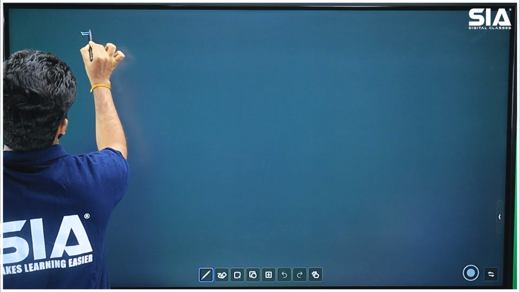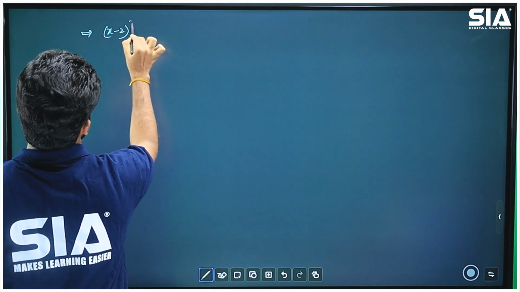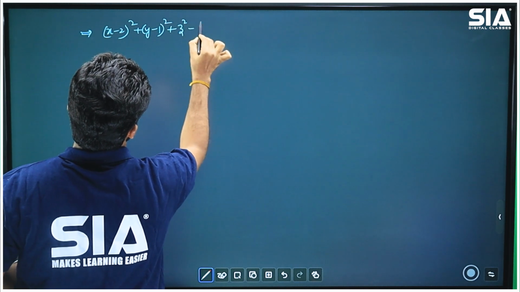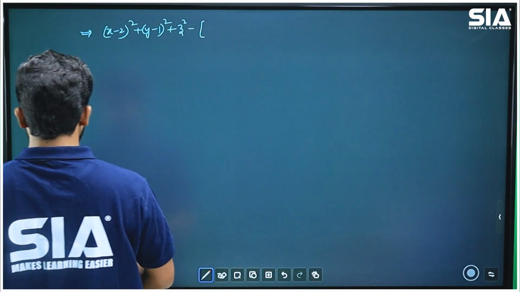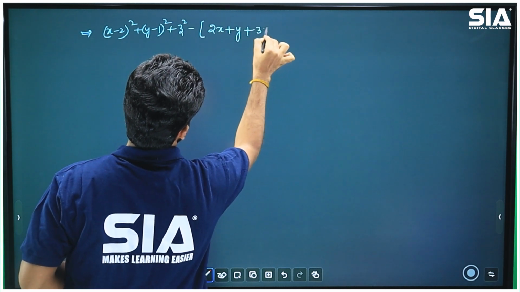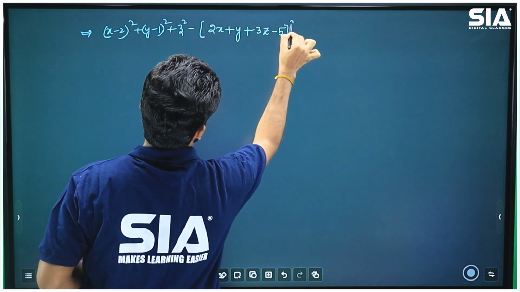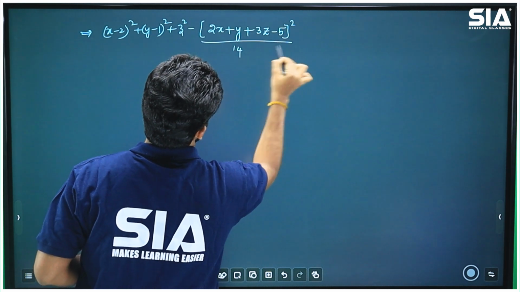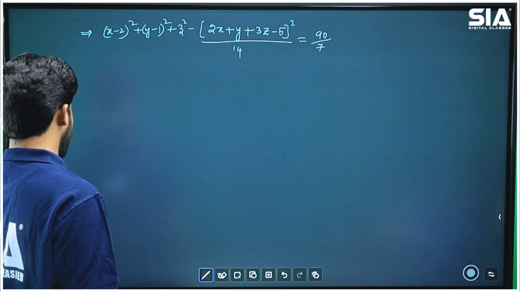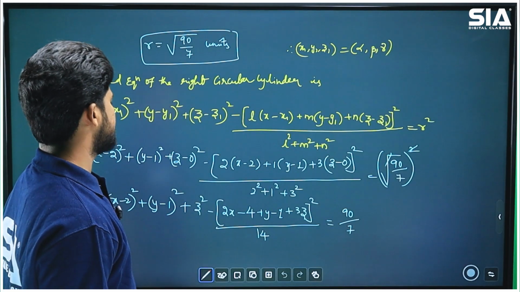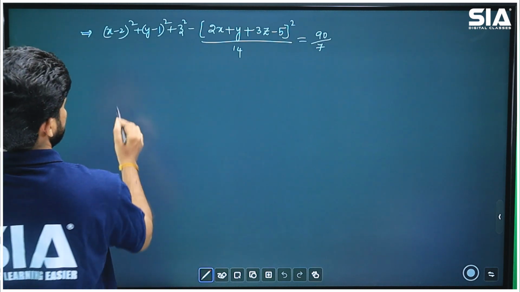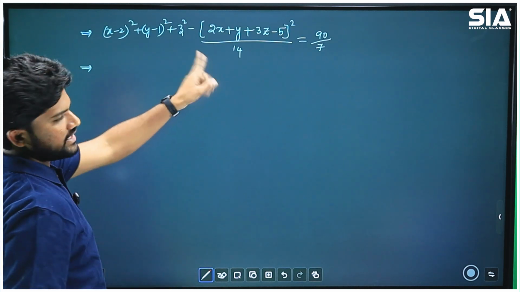So therefore, continuation: (x - 2)² + (y - 1)² + z² minus (2x + y + 3z - 5)² by 14 equal to 90 by 7. Next, apply LCM on the LHS.